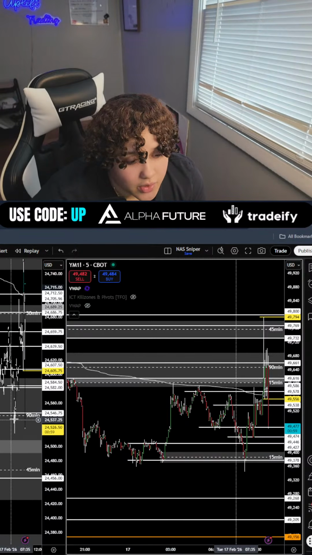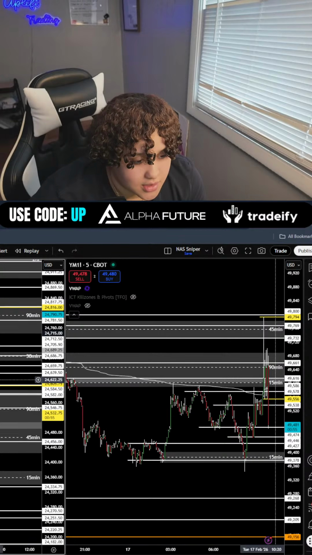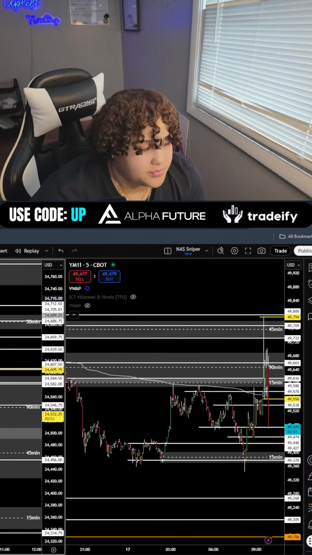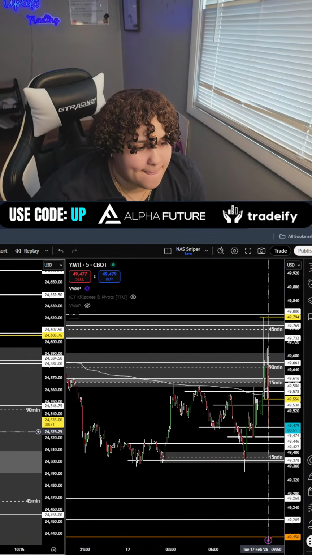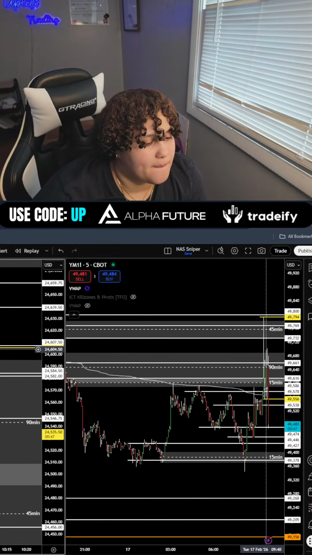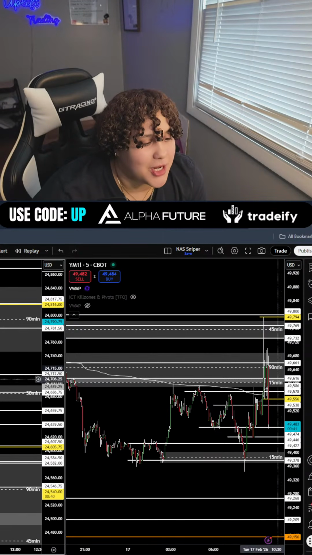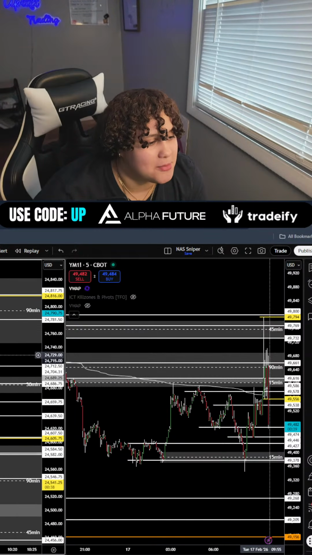On Nasdaq though, it is. It's definitely breaking this area of support so far. Damn, I did not expect that short to come in that strong.